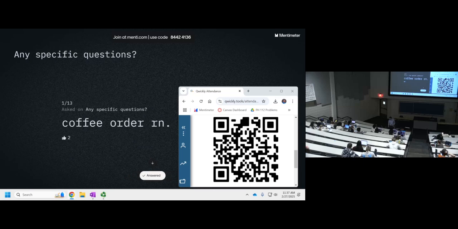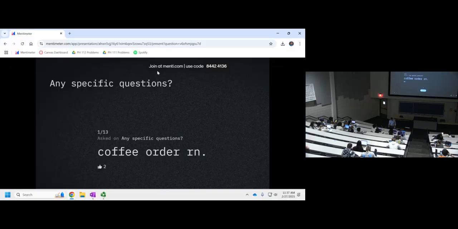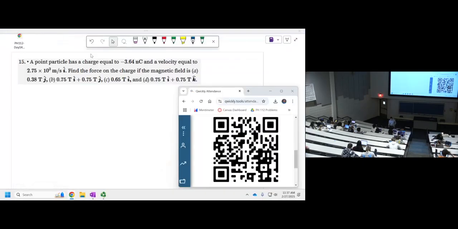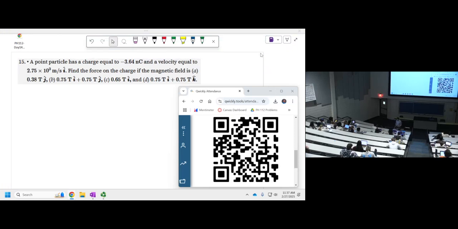Let's move on to problems, and then we will come back and start a new presentation here shortly. So a point particle has a charge equal to negative 3.64 nanocoulomb and a velocity equal to 2.75 times 10 to the 3 meters per second in the I direction.